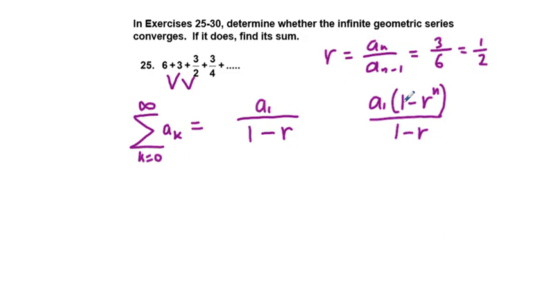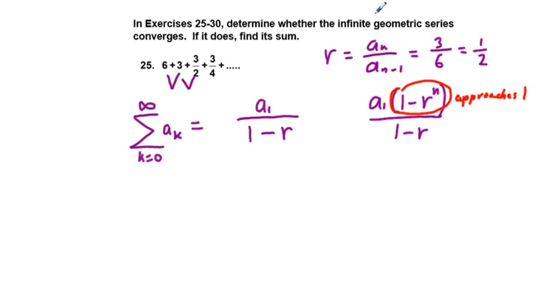This approaches 1, as we approach infinity. And so we're left with a sub 1, and the book calls it a over 1 minus r. I like to call it a sub 1 because that's our first term.